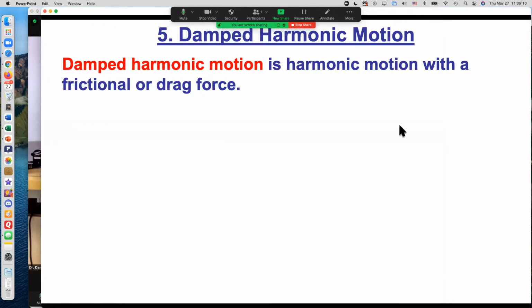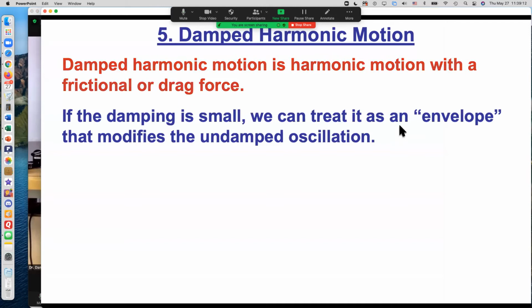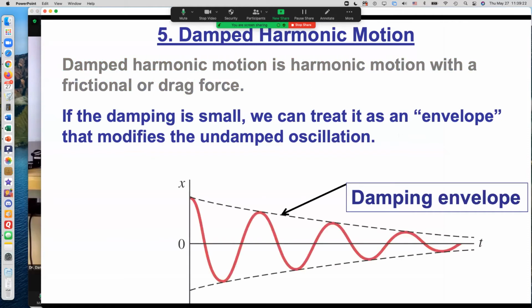So let's go back to this. If the damping is small, we can treat it as an envelope that modifies the undamped oscillation. What do we mean by that? That's the curve you imagined, I think, the red one, right?